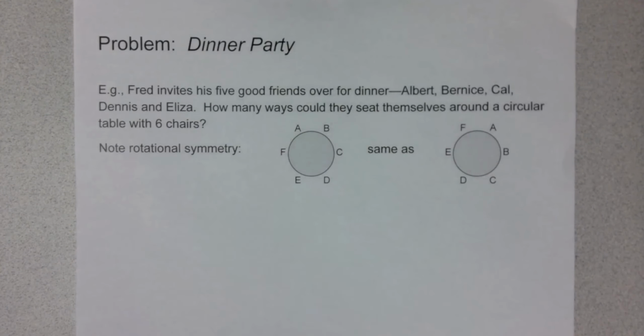Well, that would give us n factorial divided by n. It's the same logic. It's n factorial ways just to put the n people around the table, and rotation symmetric. So that would give us n minus 1 factorial.